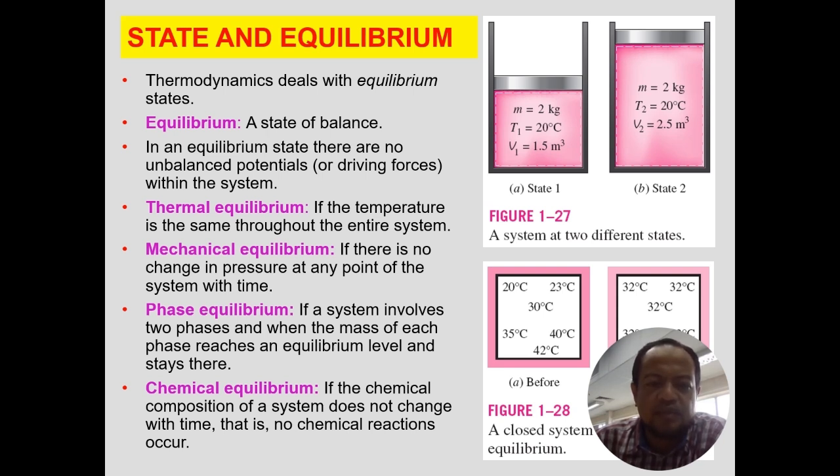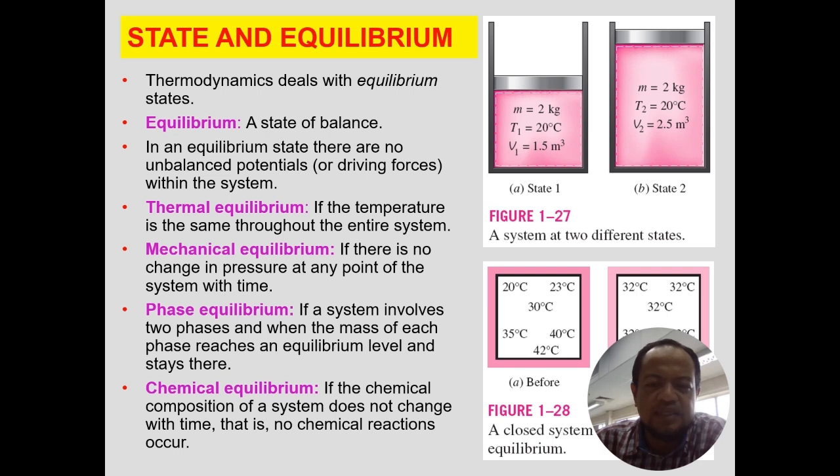For mechanical equilibrium, there is no change in pressure at any point of the system within time. Let's say here the pressure is 2 bar, it will be equal inside this boundary, the pressure will be 2 bar.